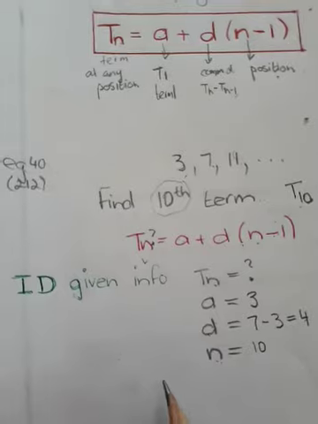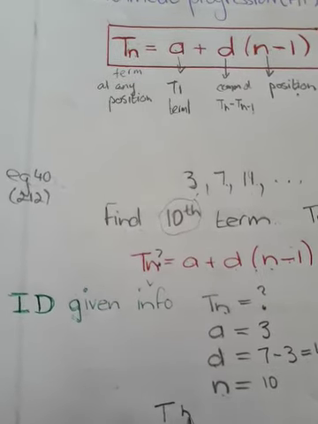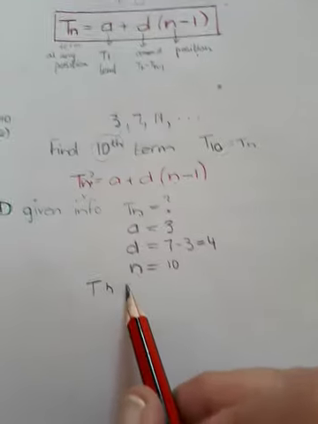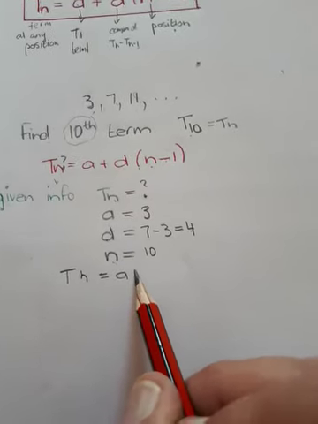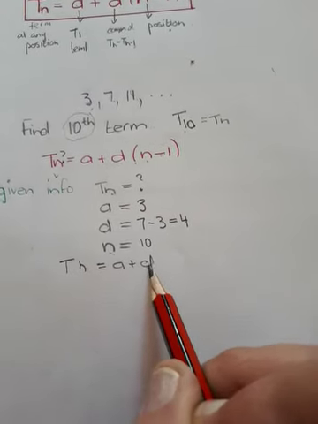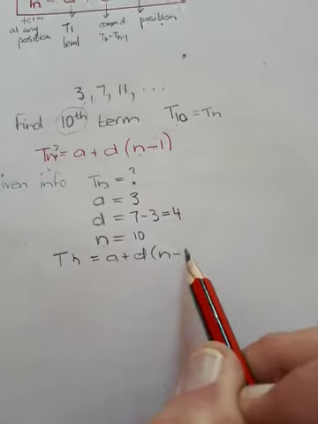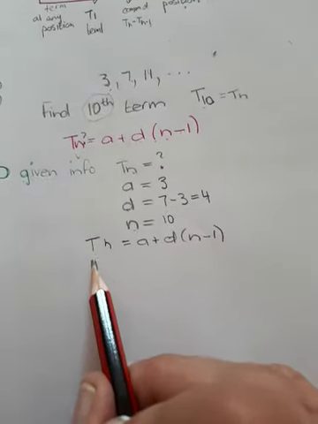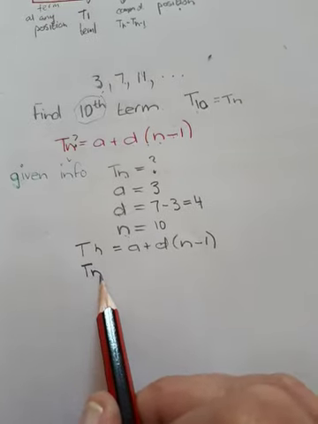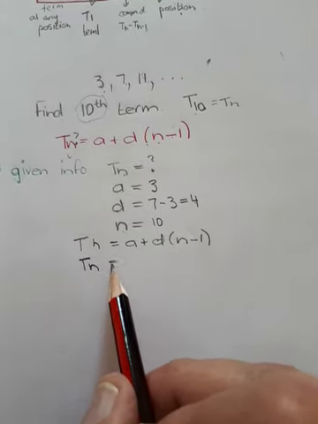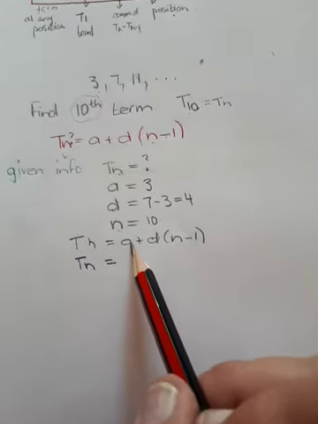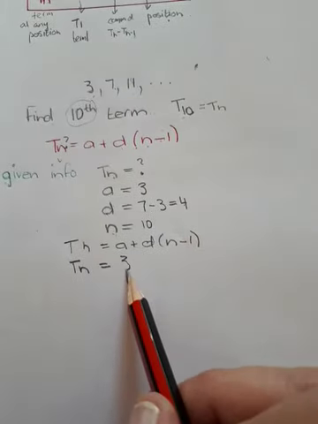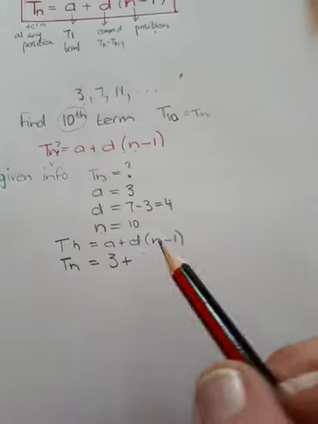So I like to start with the whole formula. Tn equals A plus D times n minus 1. Now Tn is being asked, so Tn will remain the variable, which is Tn equals. Now in the place of A, you will write a 3. Take down the plus.